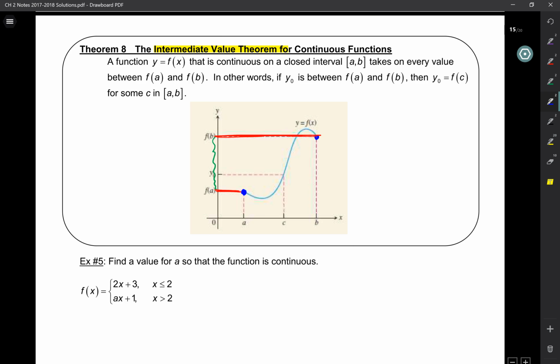If there is a point, I'm so excited now I'm yelling about it, if there is a point C in between A and B, then f of C has got to be between f of A and f of B. That's what it's saying. So if there's a point in between A and B, its y value has got to be between f of A and f of B. Okay, which is more of what we just said.